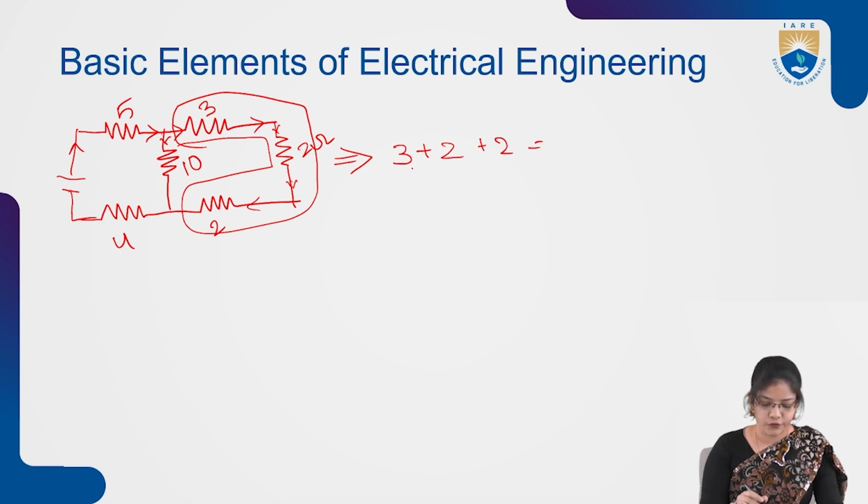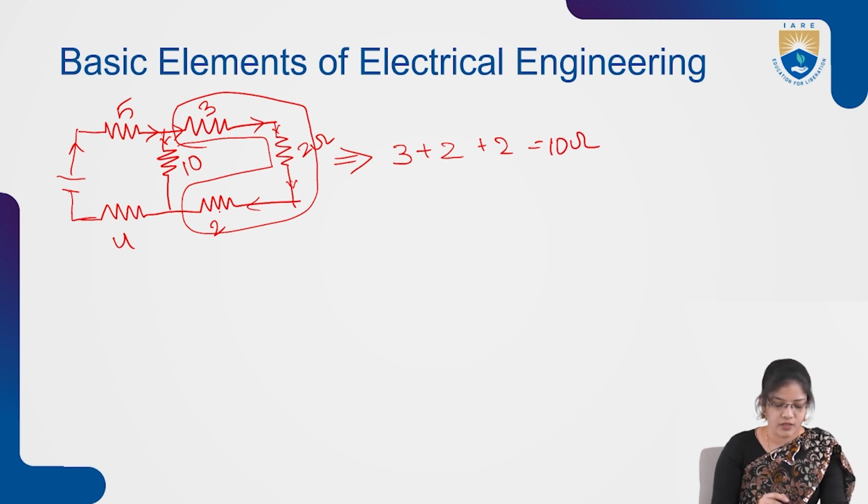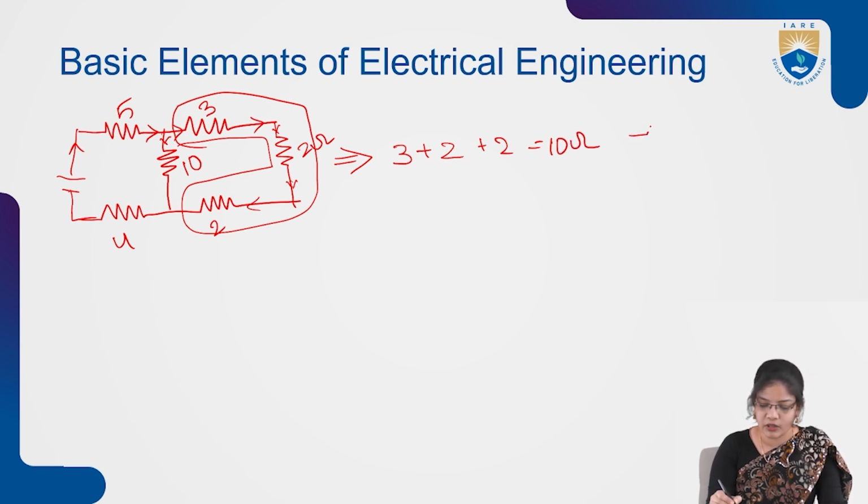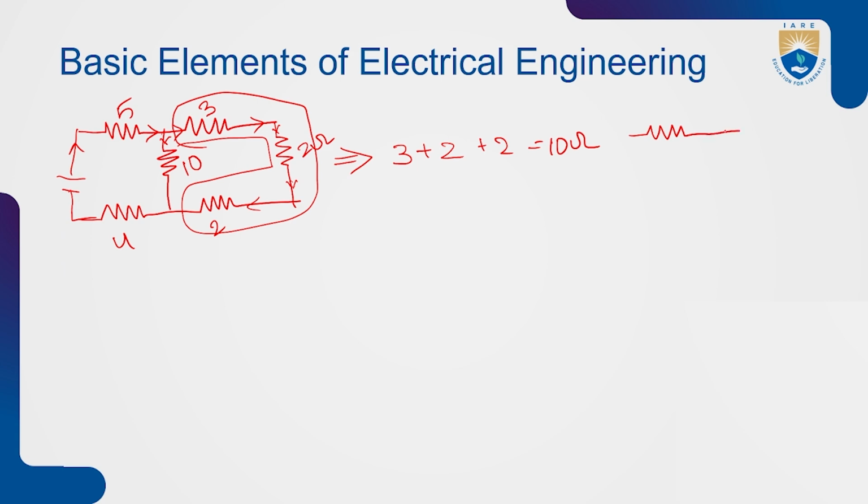So the value of this will be 10 ohms. So after reducing this circuit, again the circuit can be redrawn in this way. So here is the 10 ohms resistance, 10 and 5, 4.